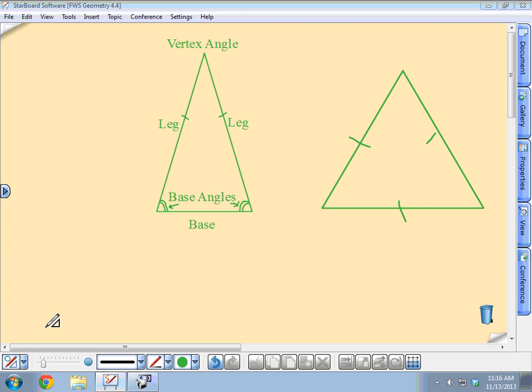An isosceles triangle can be an equilateral triangle, but it doesn't have to be. Let's say it like this: an equilateral triangle is always isosceles, but an isosceles triangle is not always equilateral. How's that? All right.